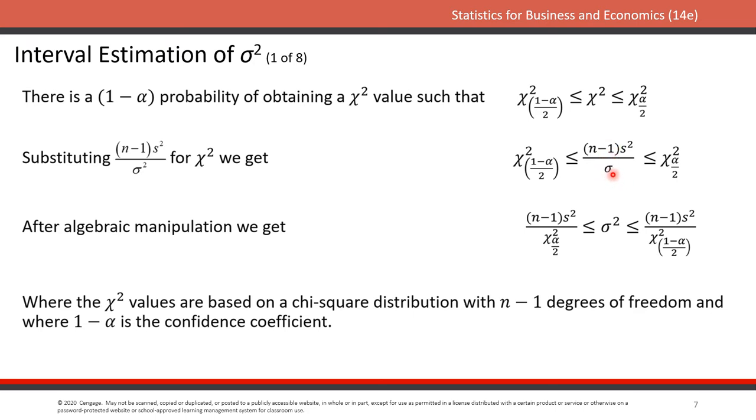So how do I take the inverse? Well, you can do 1 over everything. The trick is, if I do that, the direction of the signs change.